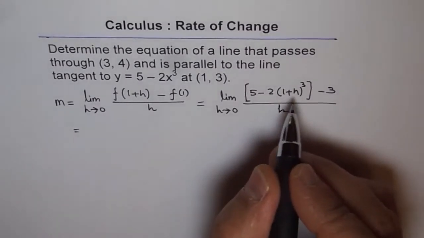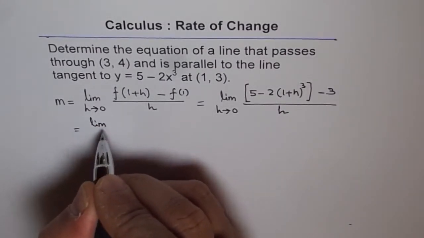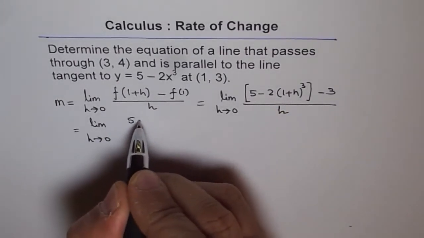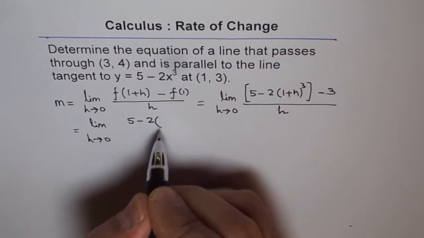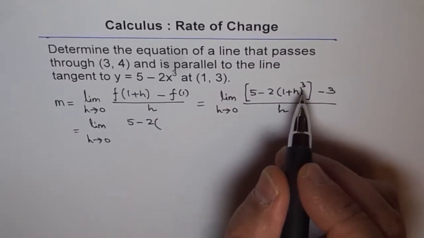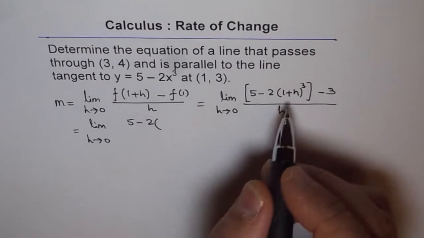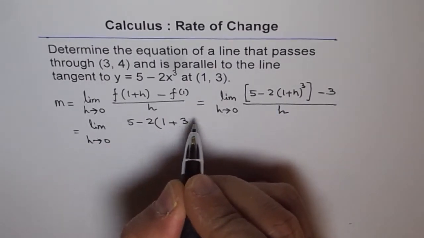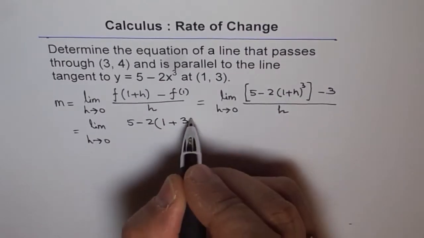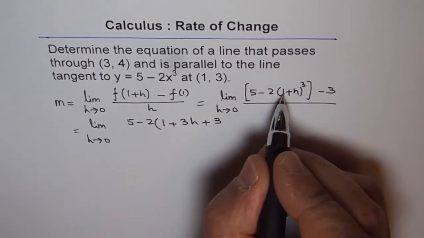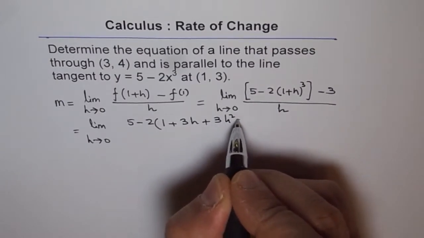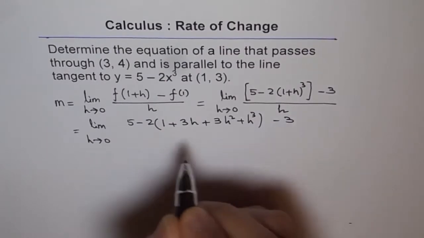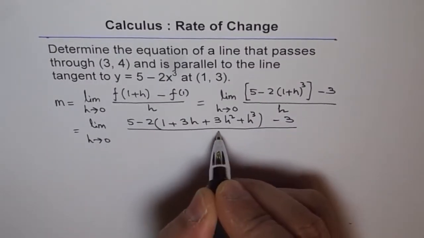Now let's expand this and see what we get. Limit h approaches 0, and 5 - 2 times (1 + h)³. I hope you remember the formula. It's 1 cube, which is 1, plus 3a²b, which is 3 times 1 squared times b, and b is h, plus 3ab², which is h², plus h³. So that is the expansion of this, minus 3 over h, right?